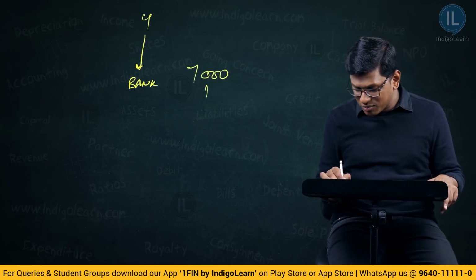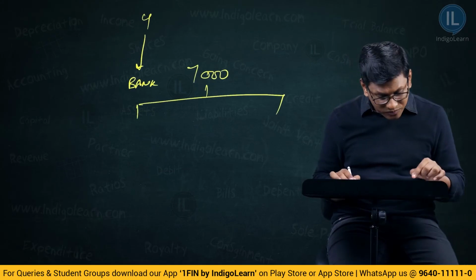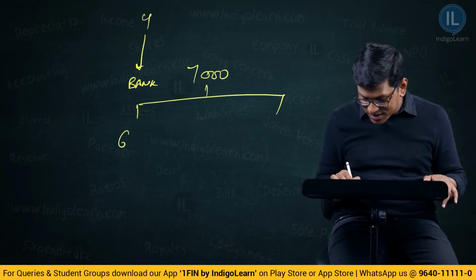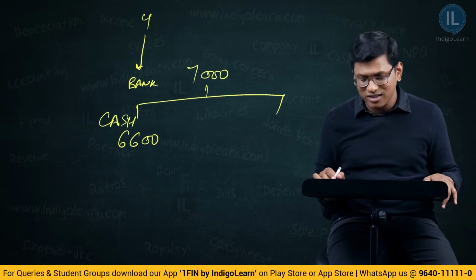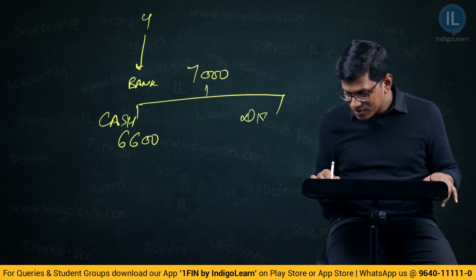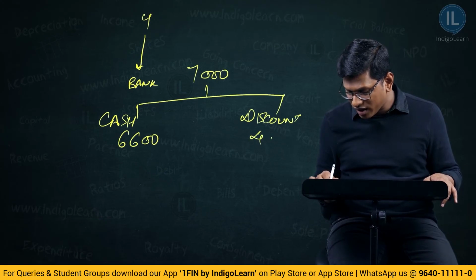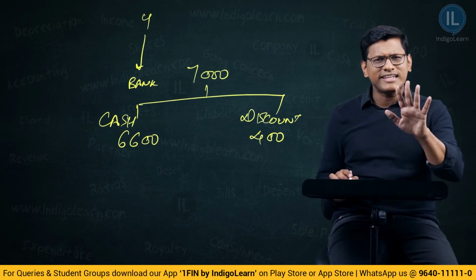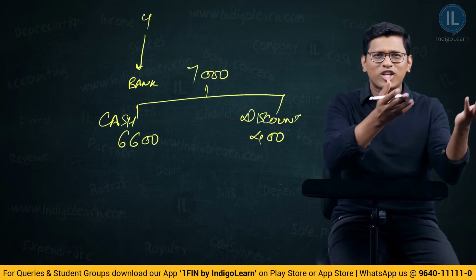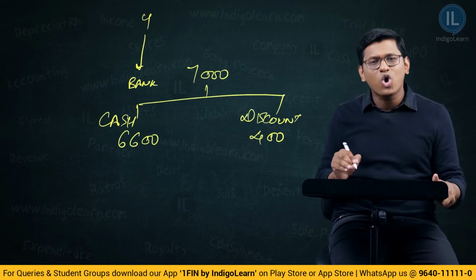In that 7,000 bill, look at what has happened. Discount for 6,600. 6,600 amount was given by the bank and discount is 400. Strictly speaking, what should happen based on the logic we discussed earlier? Who got this amount?